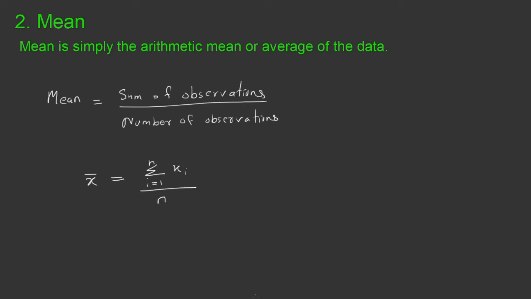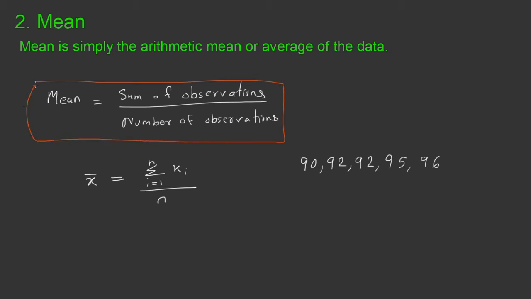For example, marks obtained by Hari in 5 maths examinations are 90, 92, 92, 95 and 96. Average or mean is equal to the sum of observations divided by the number of observations.